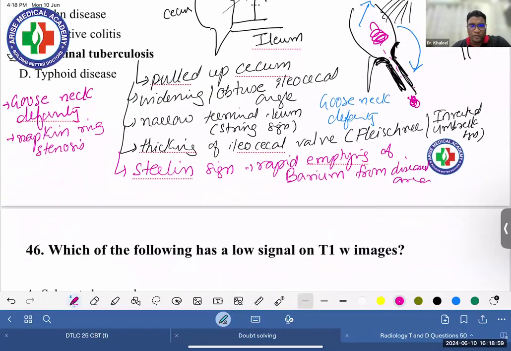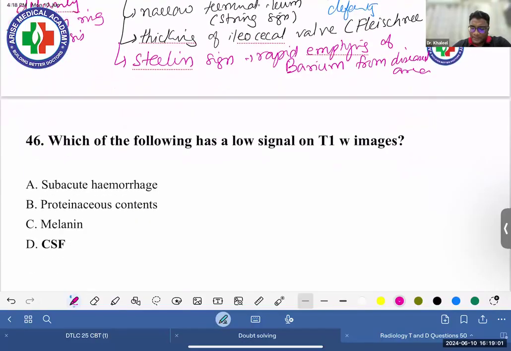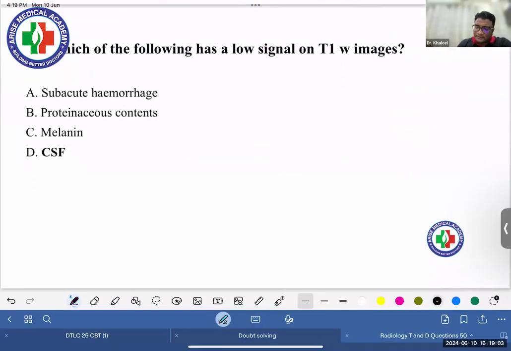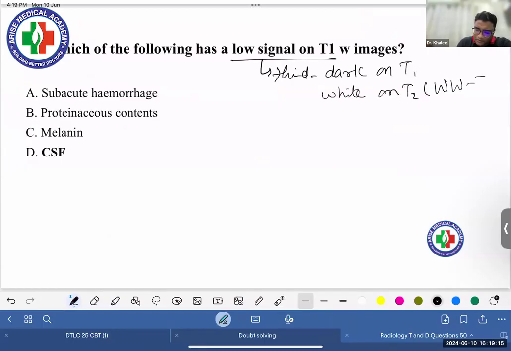Which of the following has a low T1 signal? Now, coming to low T1 signal, this is very simple. We all know fluid is dark on T1 and white on T2. That is World War II. Water is white on T2, dark on T1. So water or CSF is dark on T1.